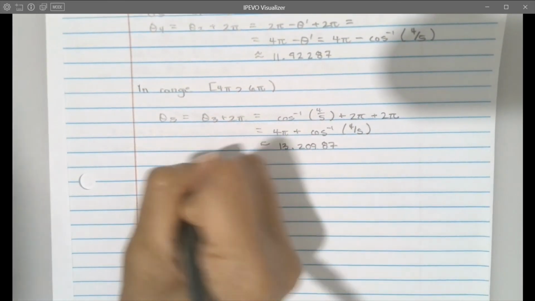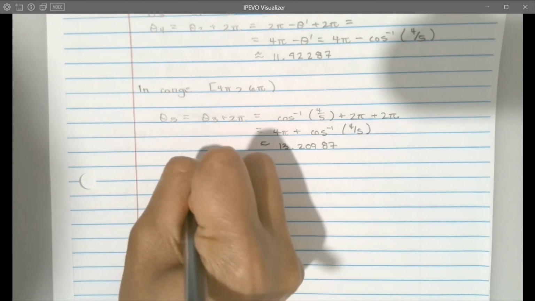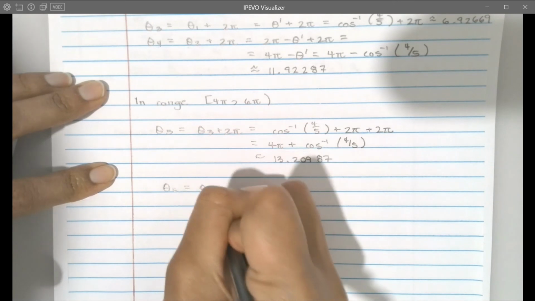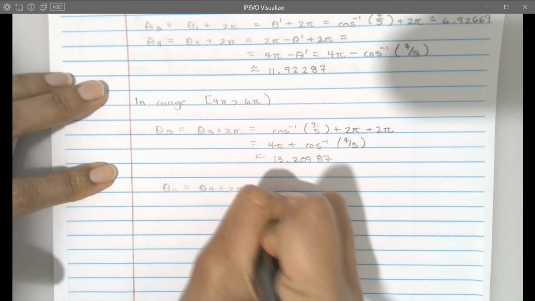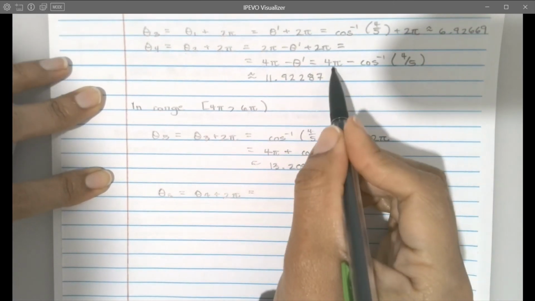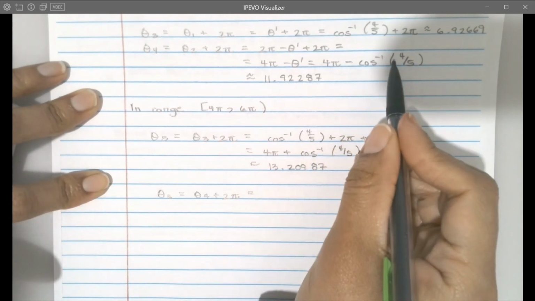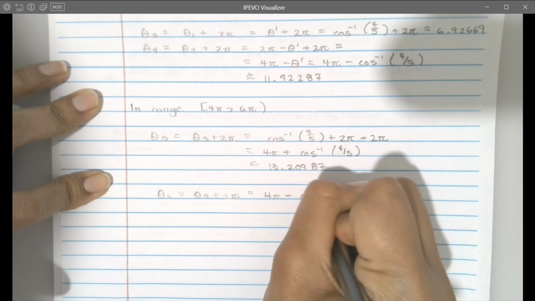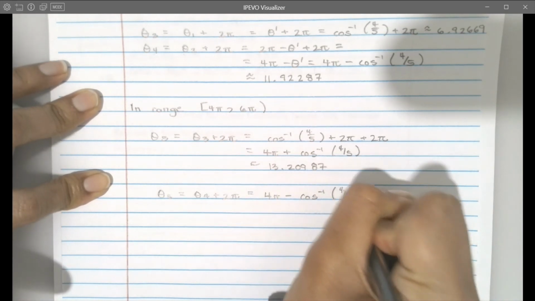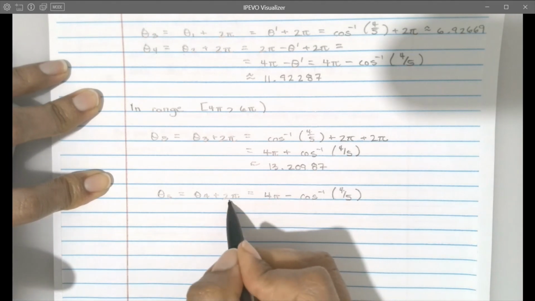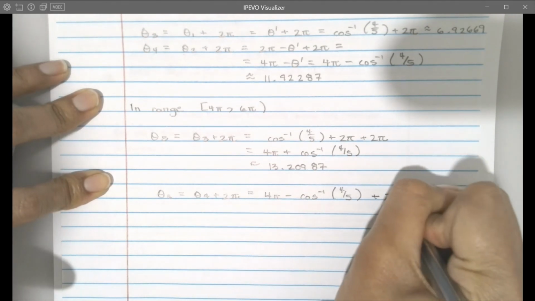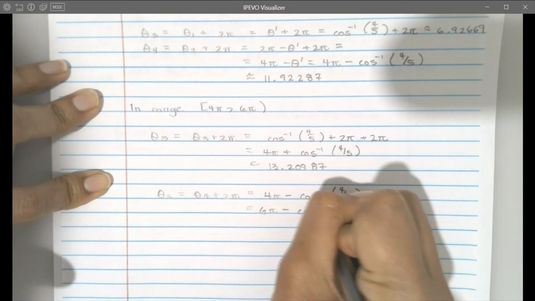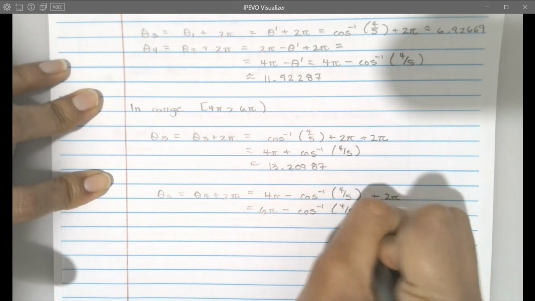And one last one, theta 6. That is going to be our fourth answer, theta 4 plus 2 pi. Okay, so for that one we had a 4 pi minus cosine inverse of 4 over 5, which means that we are now adding 2 pi to that result for a 6 pi minus cosine inverse of 4 over 5.